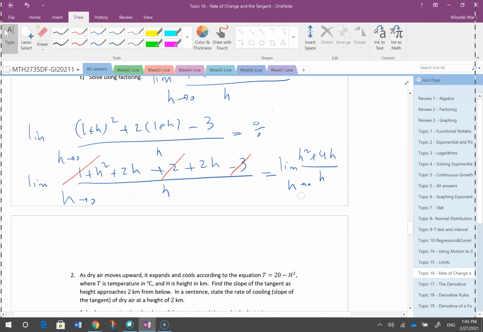Now I factor, because it still is 0 over 0. Factoring gives h times (h plus 4) over h. This cancels, and the limit as h goes to 0 is 4, and that's really the answer.